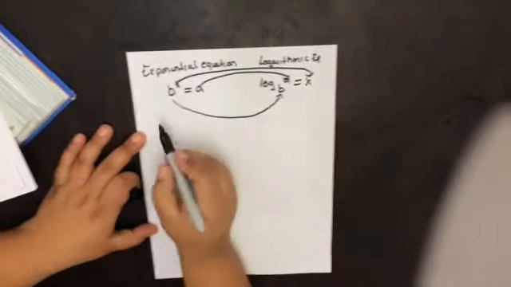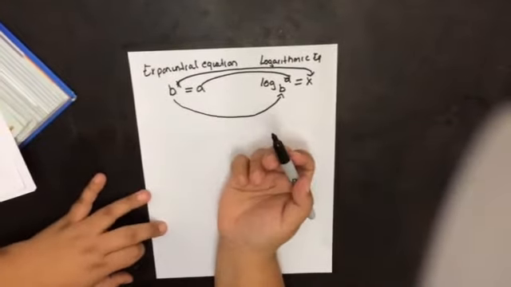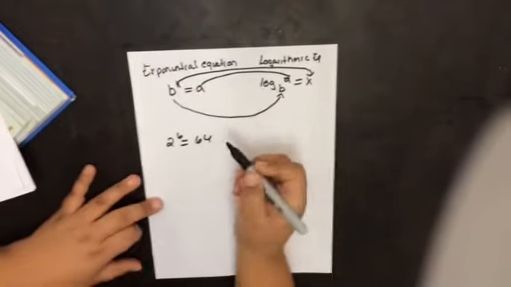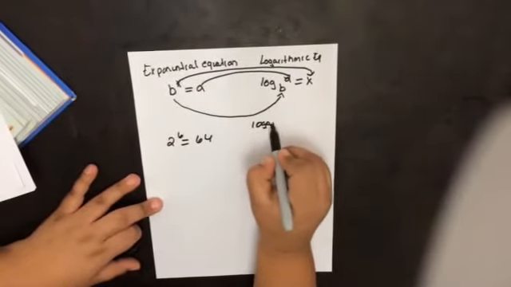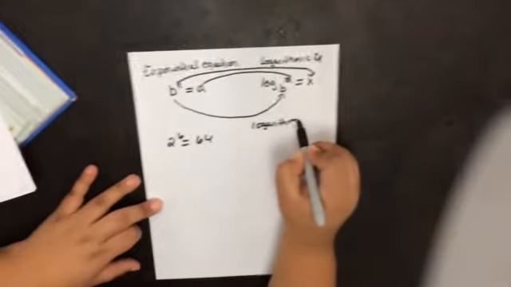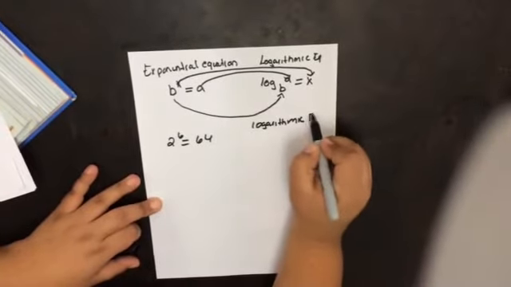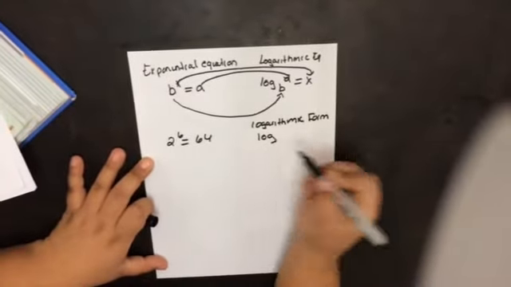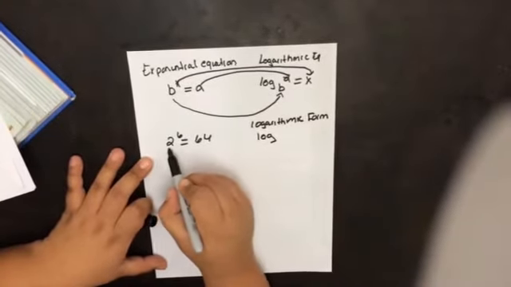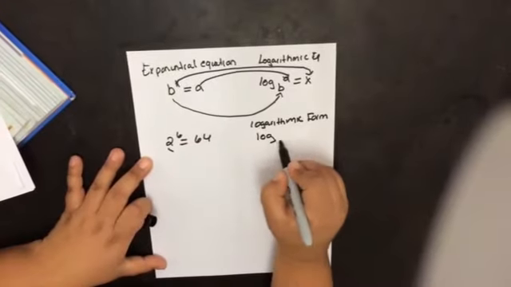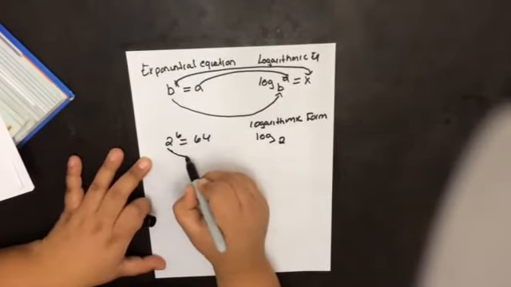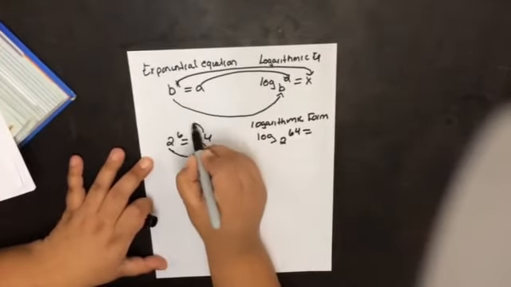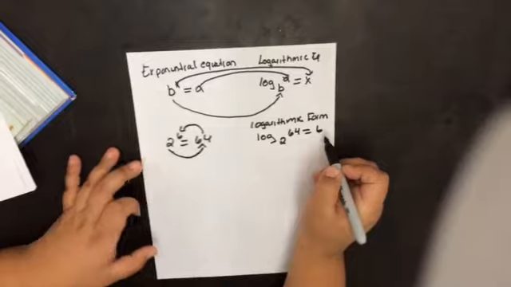So let's do an example. What if I have an exponential equation, 2 to the 6 equals 64, and I want to write it in logarithmic form? Well, I'm going to start with log base 2 of 64 equals 6.